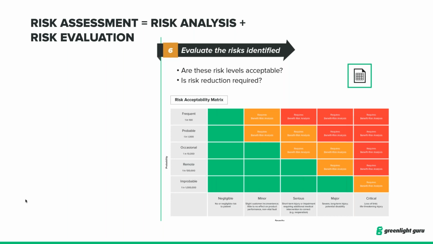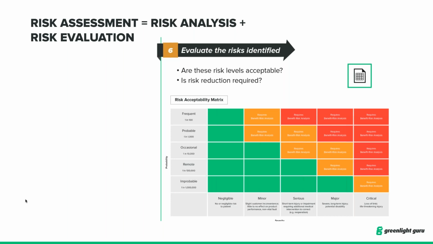But the definitions of the different choices for probability, and the definitions of the different choices for severity, that is up to you to define. I know a lot of people want to be spoon-fed this information, but you have to define this, and it has to be commensurate and specific to your product. There is no one-size-fits-all definition of probability.